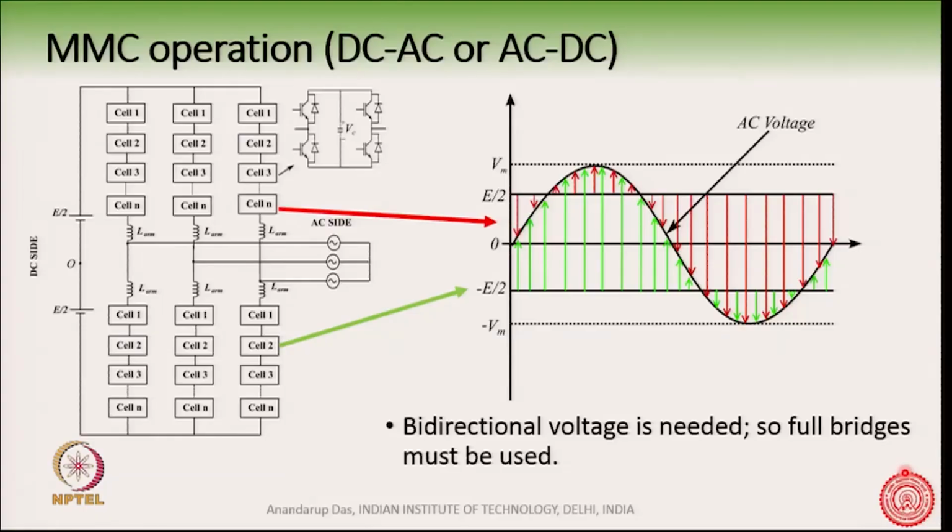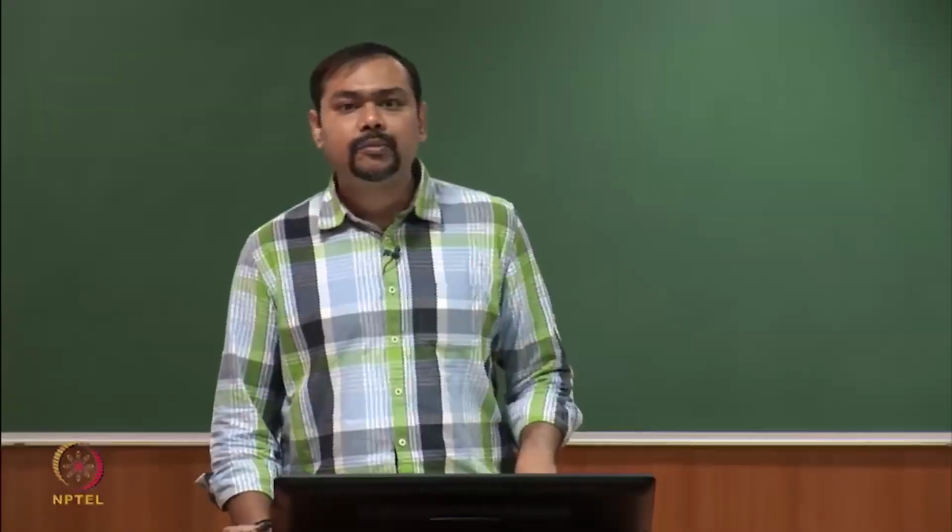So, if there are n half bridges, they can produce 0, Vc, 2Vc, 3Vc up to nVc. That is what the half bridges can produce. But a full bridge can produce plus Vc, 0, or minus Vc, which means a bidirectional voltage capability is present in a full bridge.